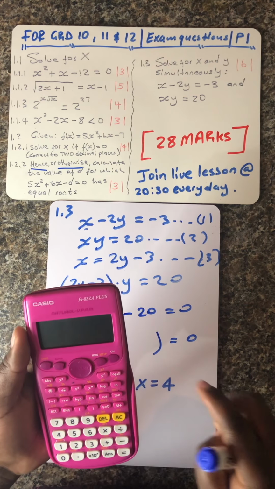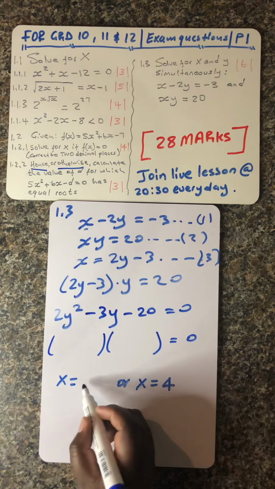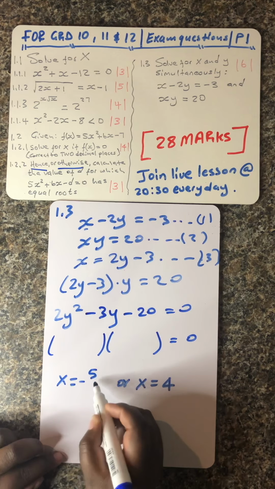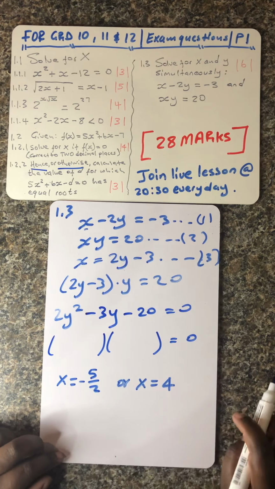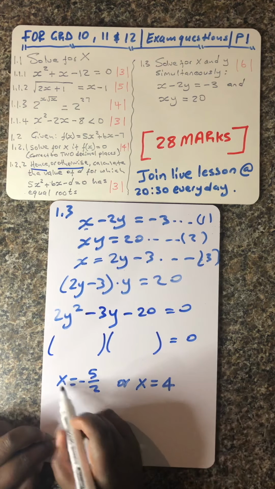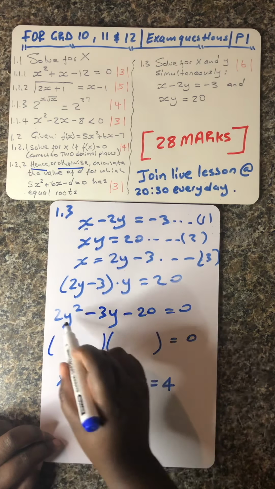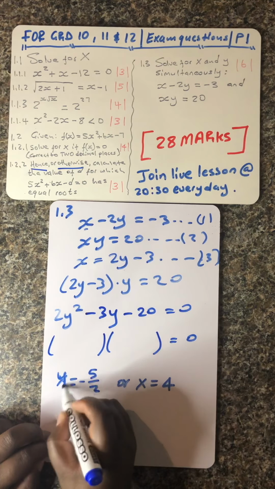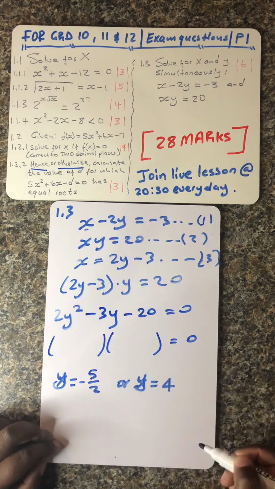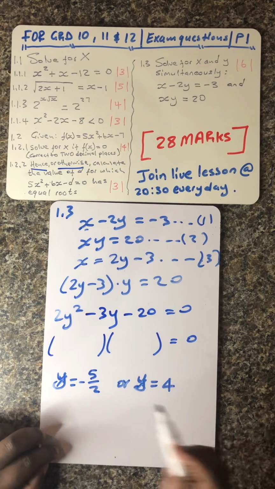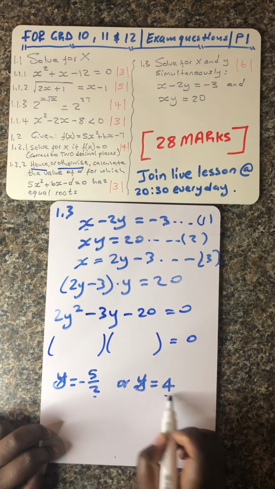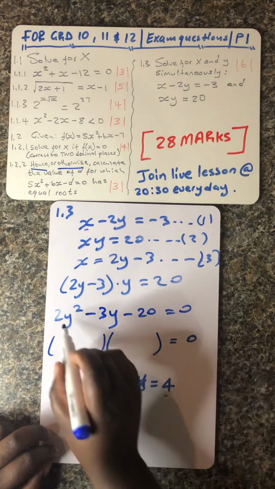It's -5 over 2. So that means my other final value is -5 over 2. Sorry guys, not x but y. It's actually supposed to be y there. These are my final values when I factorize this equation.